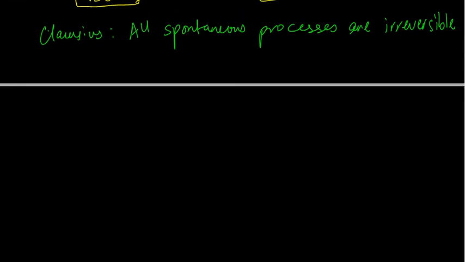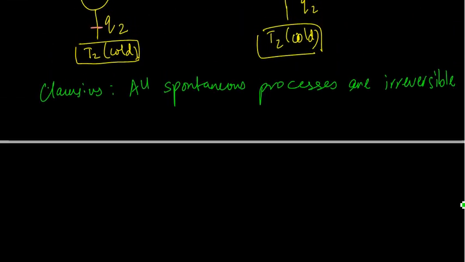Okay, now apart from this, there is the mathematical statement which we'll derive, or kind of derive rather, because again, it's a law. It says that dq by T is greater than or equal to 0.